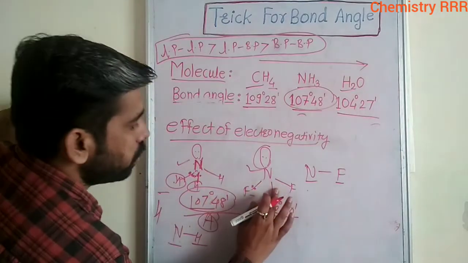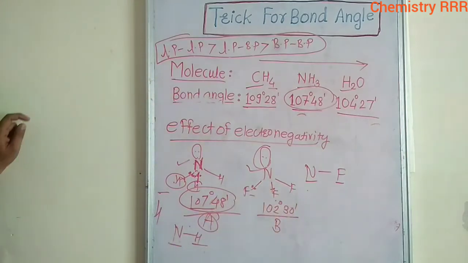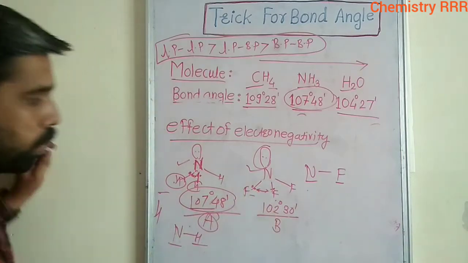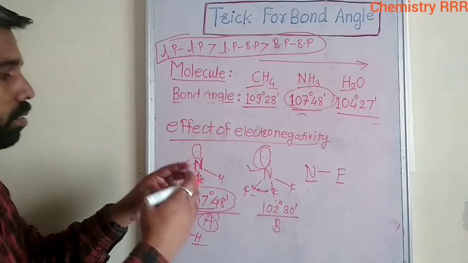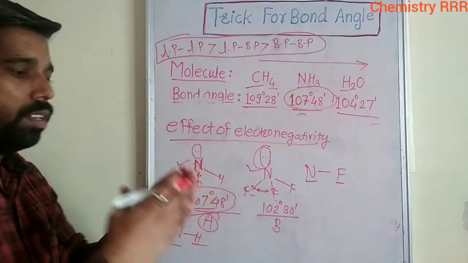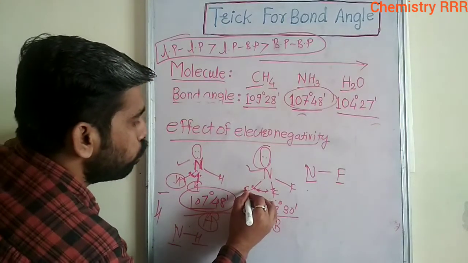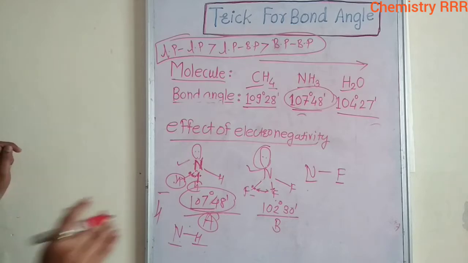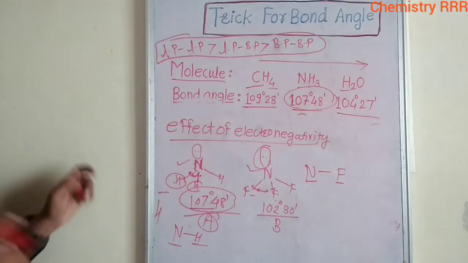Here also slightly towards chlorine, so there is less electron repulsion between these two bond pairs. So because of that there is a slight decrease in the bond angle between chlorine, nitrogen and this chlorine. Clear? This is about the effect of electronegativity.